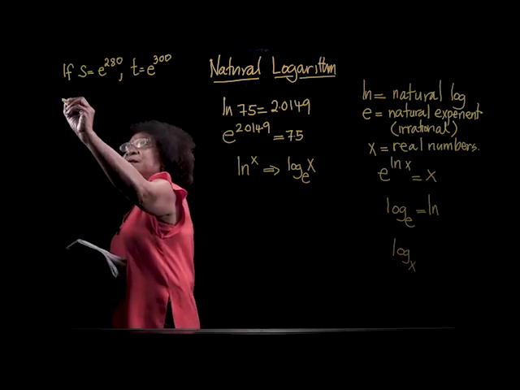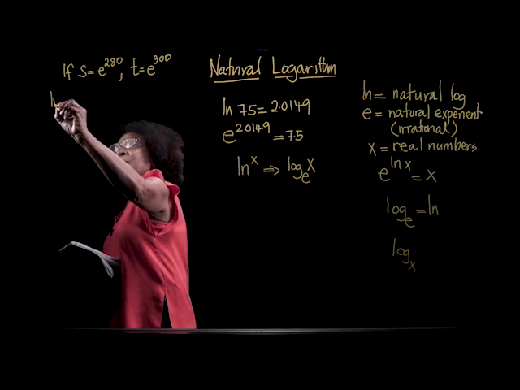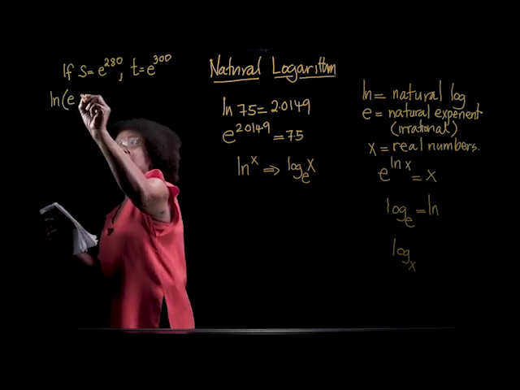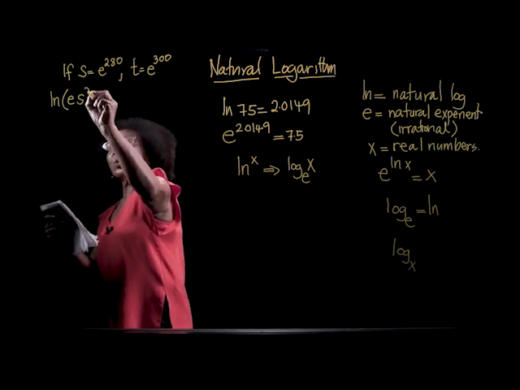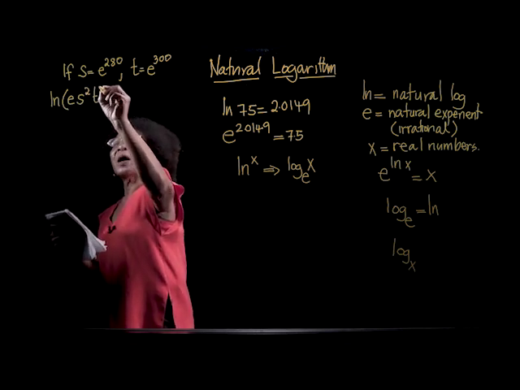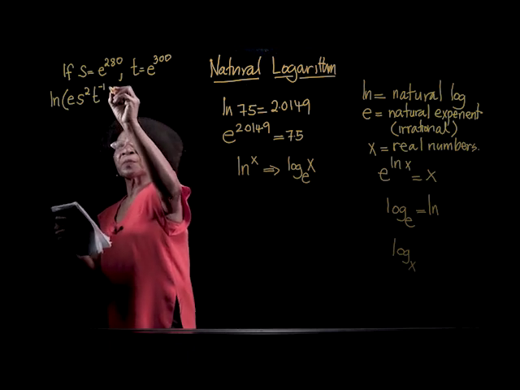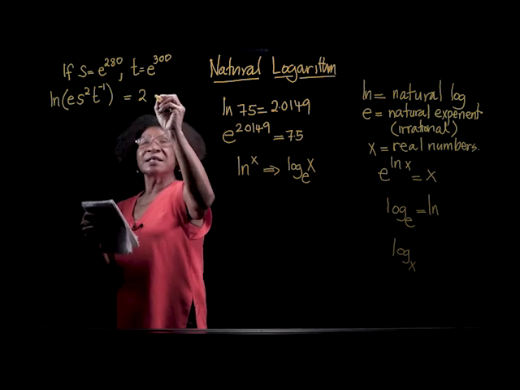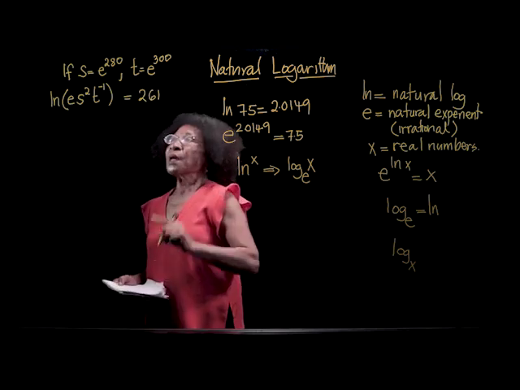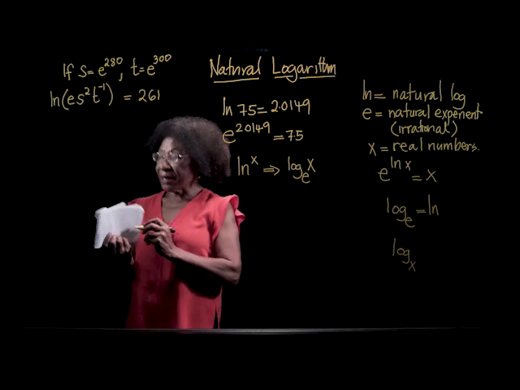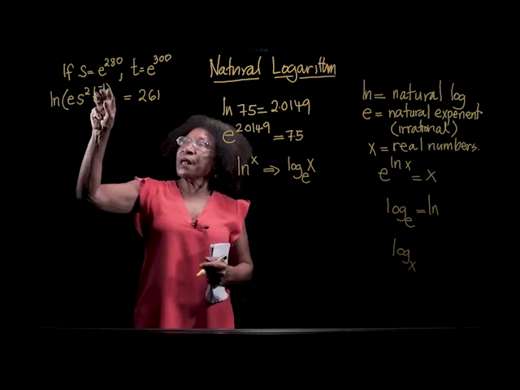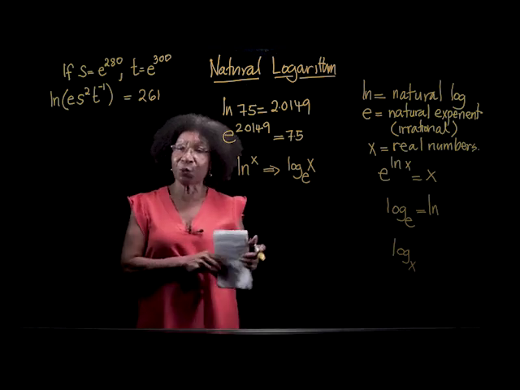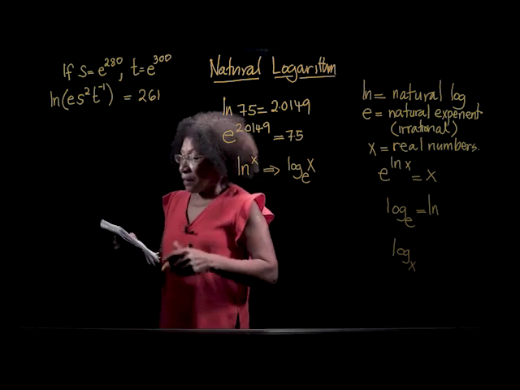The expression given is ln of (e s squared t to the power of -1), and all of that equals 261. The idea here is to show that everything on the left-hand side is equal to 261.